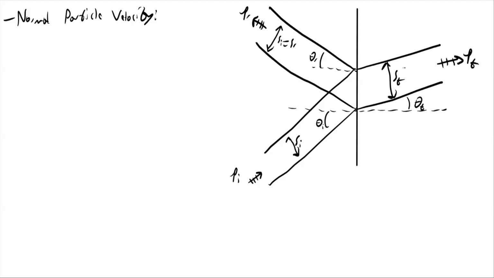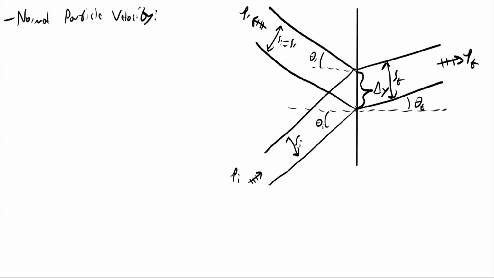At the interface, we can see there's this delta Y. It's the width of where the beam is impinging upon the interface.